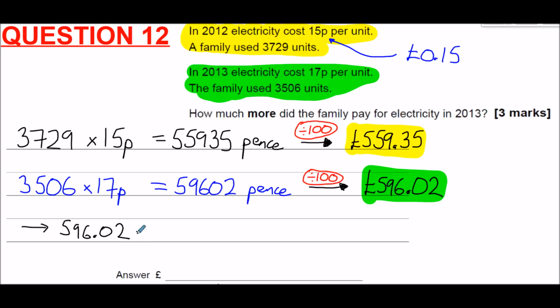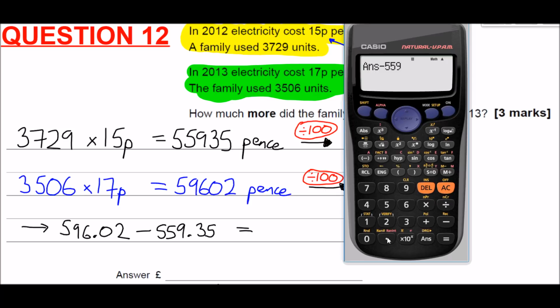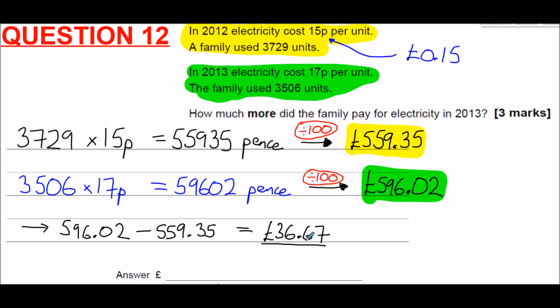So 596.02 minus £559.35, that comes to £36.67. So that's how much more they spent in 2013 compared to 2012, is what I should say. £36.67.